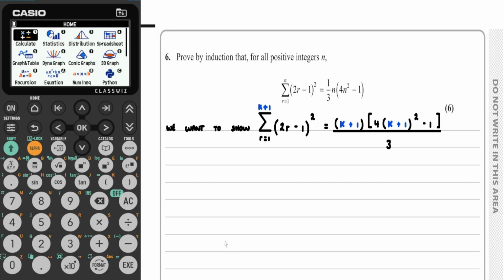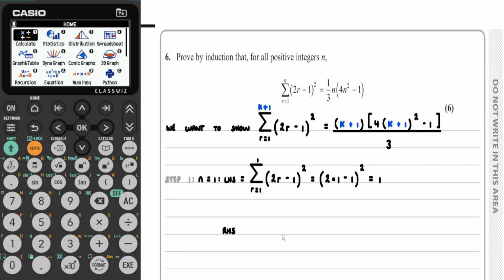Our first step is to see what happens when n is equal to 1. On the left hand side, we've got the sum from r equals 1 to r equals 1 of (2r subtract 1) squared, so that's (2 times 1 subtract 1) squared, which is equal to 1.